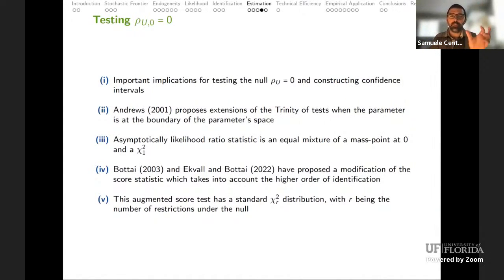Instead of the first order derivative, they take the second order or the nth order derivative, depending on which level of identification you have. They show that this modification of the score test, which is very interesting, has the standard chi-square R distribution, where R is the number of restrictions under the null. This is a pretty interesting result, because it allows us to use the same asymptotic theory we usually use for testing, and to do things in a standard way.